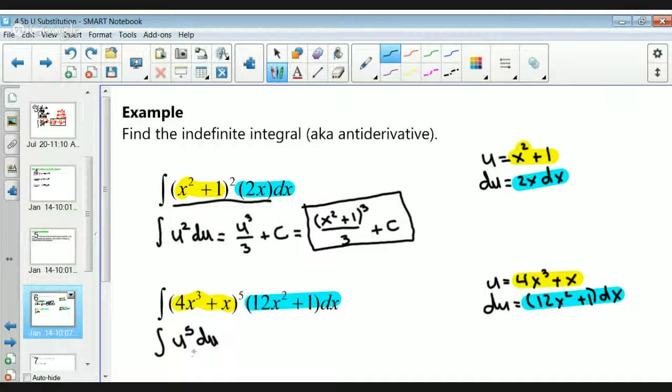All right, so remember, this means find all antiderivatives of u to the 5th. All right, so that would be u to the 6th over 6 plus c. And my final step is going to be to substitute u back in, right? So u was equivalent to 4x cubed plus x.